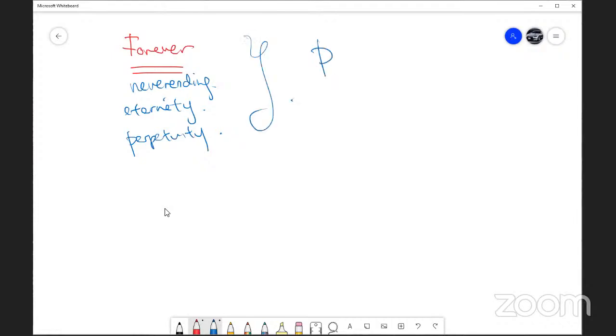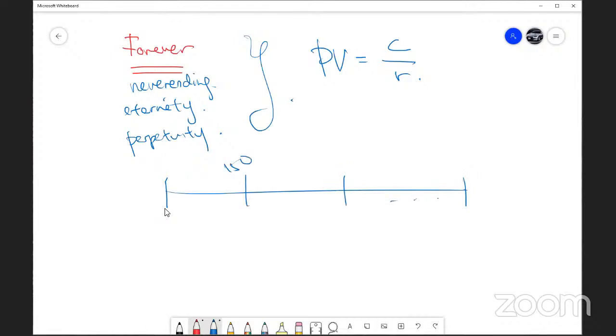This formula: PV equals C over R. This is your present value of a perpetuity. When you see forever, never ending, eternity, perpetuity, you receive a payment constantly forever, then they're asking you about PV equals C divided by R. So what is the price of the consol that pays $150 annually?